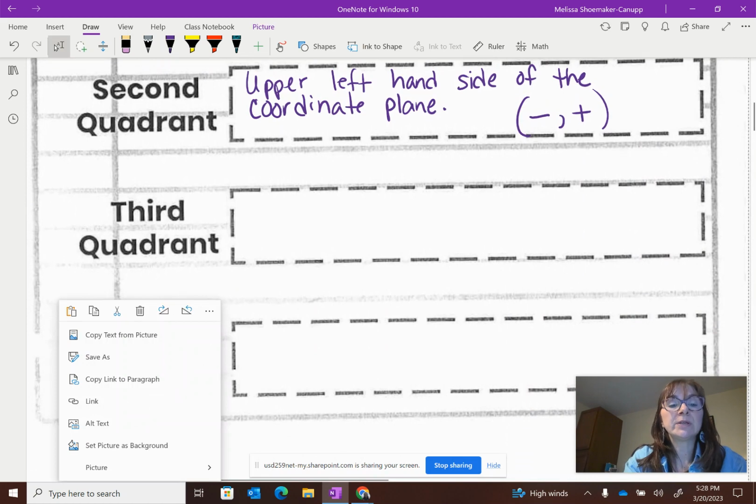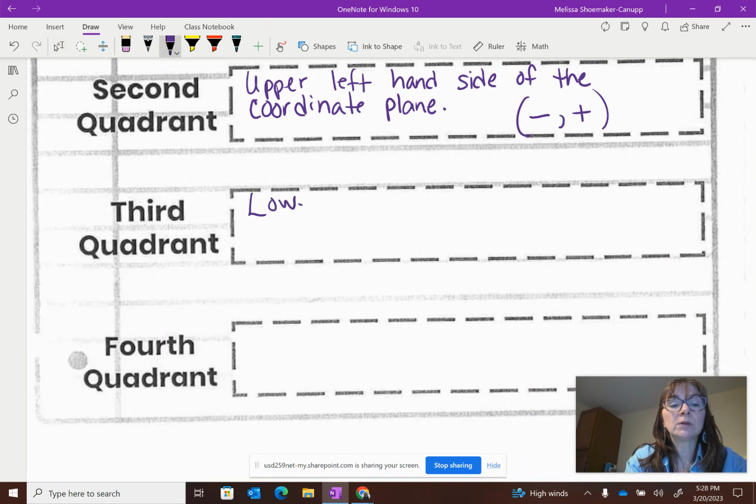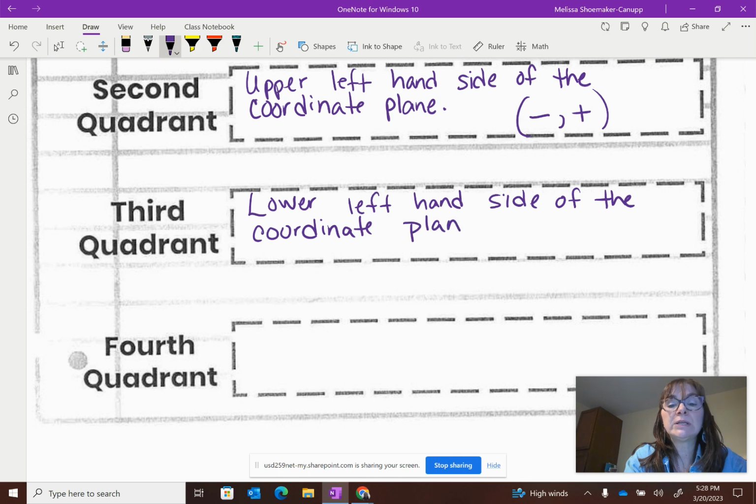The third quadrant is going to be the lower left-hand side of the coordinate plane. So the numbers that we would need to get into this quadrant would be both negative.